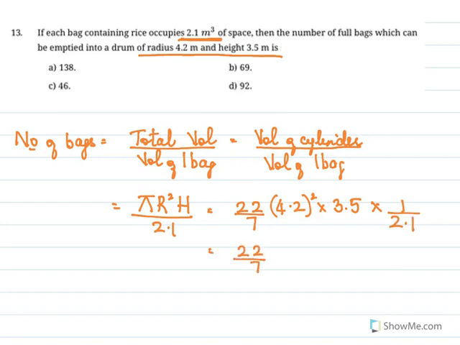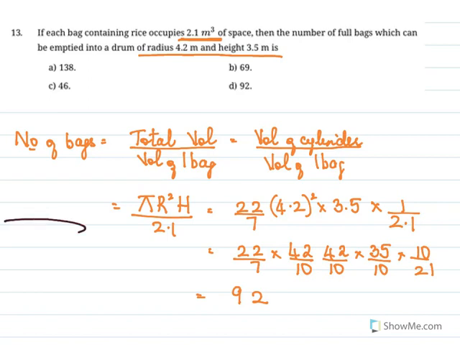When you go ahead and solve this, 22 by 7, 4.2, I'll remove the decimal, so it becomes 10 here. Here also 42 over 10, because I've removed decimal, 35 over 10 into 10 over 21. On doing this cancellation, you will get the answer 92.